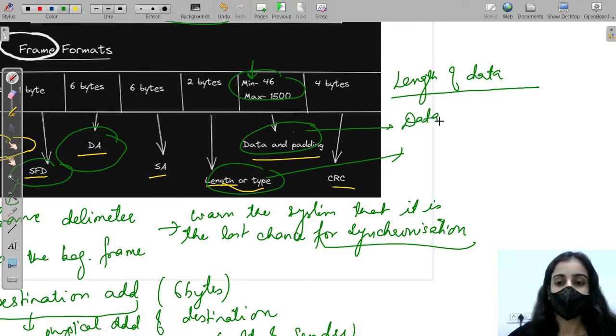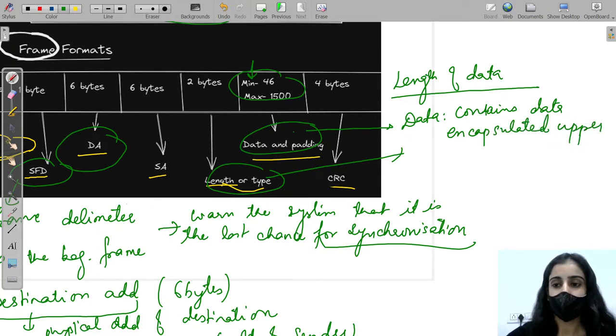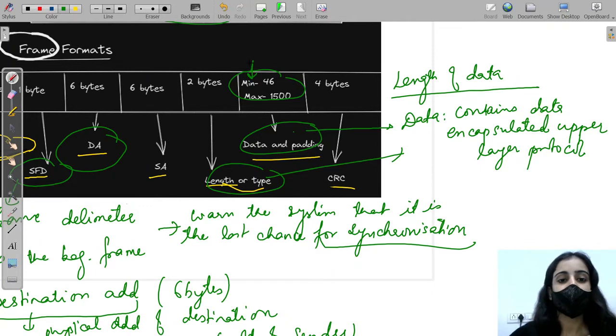This field contains data which has been encapsulated and has come from the upper layer protocol. And it can be minimum of 46 bytes and maximum of 1500 bytes.